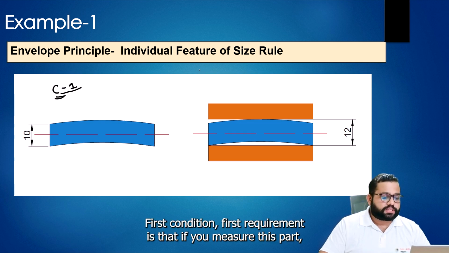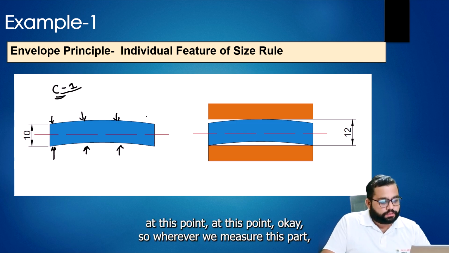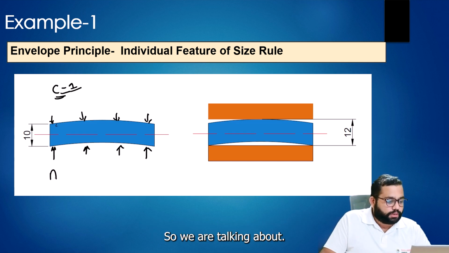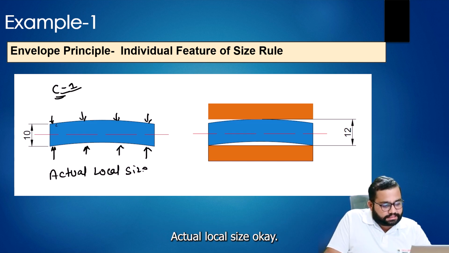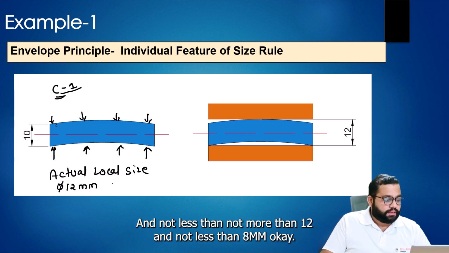The first requirement is that wherever we measure this part, the actual local size should not be more than 12 mm and not less than 8 mm.